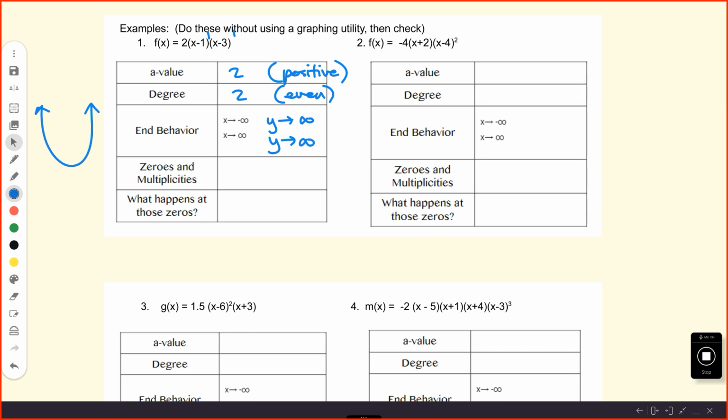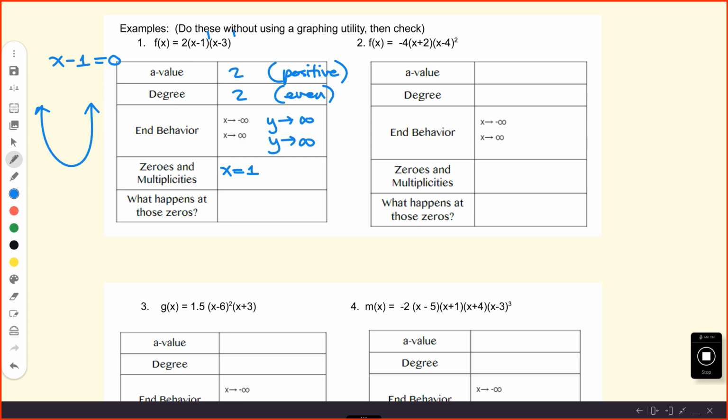Now, what are the zeros and multiplicities? If you're given the factored form, it's easier to write the zero. If that's x minus 1, what is the zero? x equals 1. If you don't know how we got x equals 1, we just set each factor to 0. If you do x minus 1 equals 0 and add 1 on both sides, then x equals positive 1.